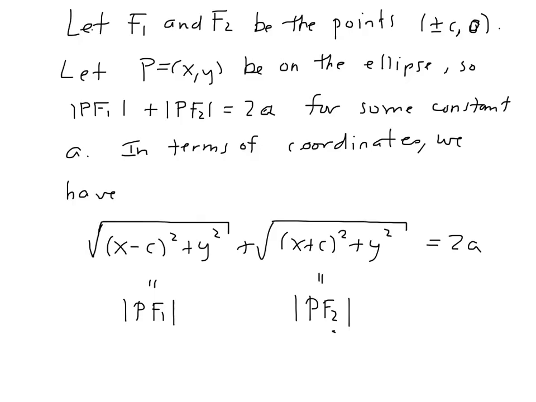And so now what we're going to do is go ahead and simplify this through a bunch of algebra. So the first thing we'll do is move this part over to the other side of the equation. So now we're just going to continue to simplify this equation.